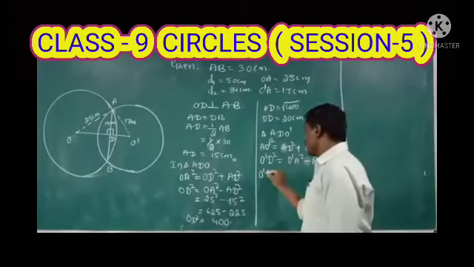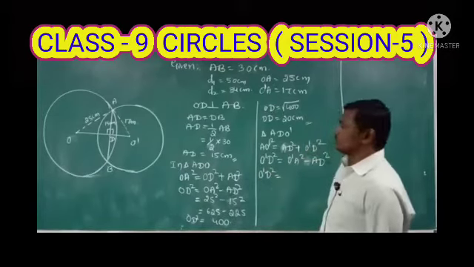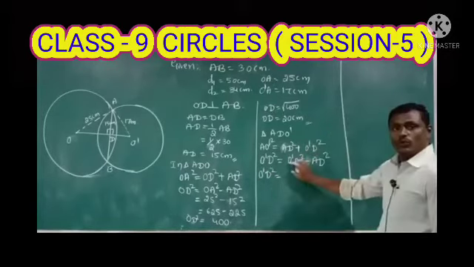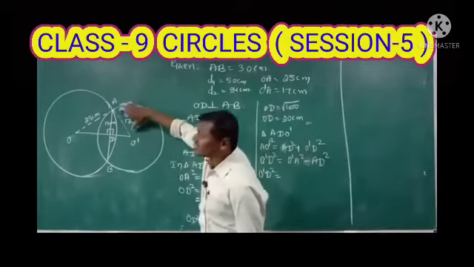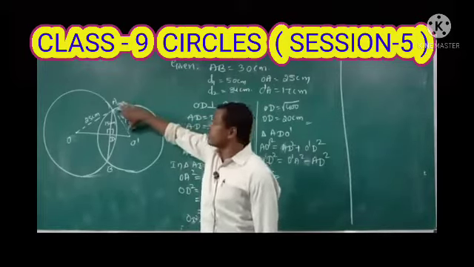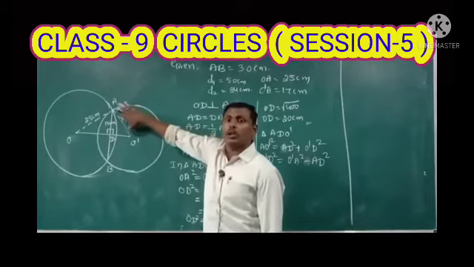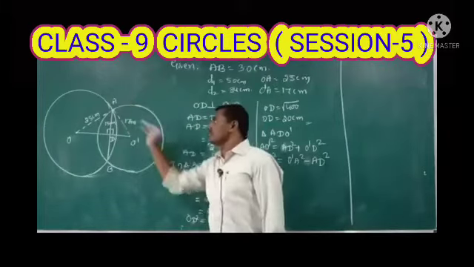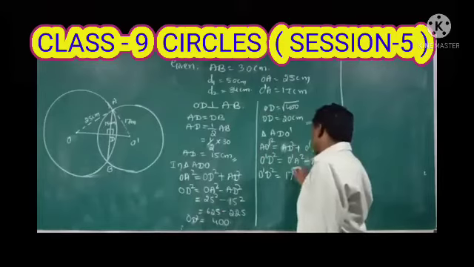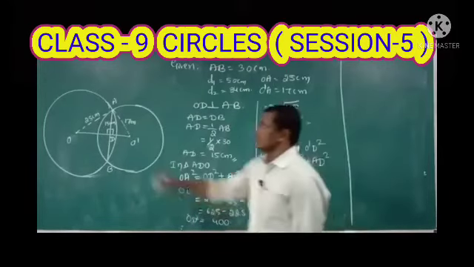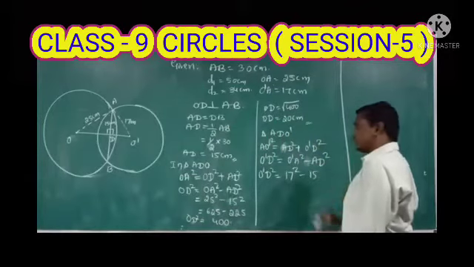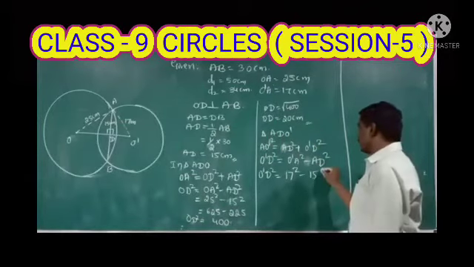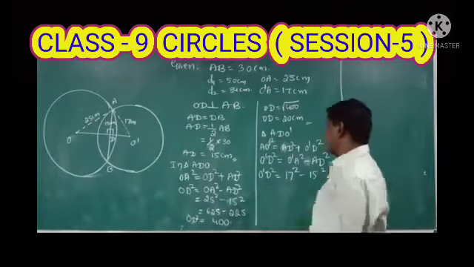So O dash D square is equal to O dash A square, the smaller radius of the second circle, that is 17 square minus AD square. AD is nothing but 15, right? 15 square.